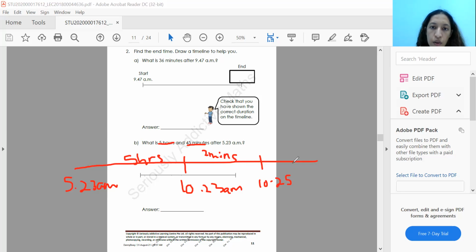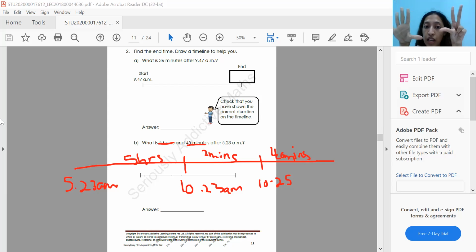So let us do 40 minutes after 10:25. 10:25, 10:30, 10:35, 10:40, 10:45, 10:50, 10:55, 11, 11:05.